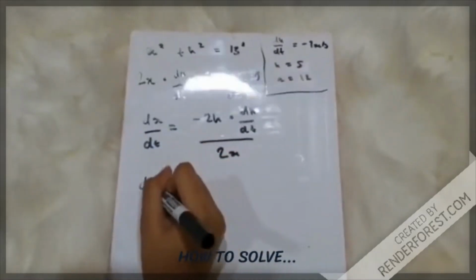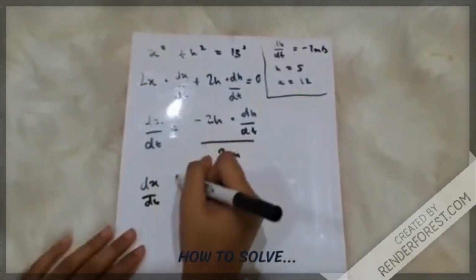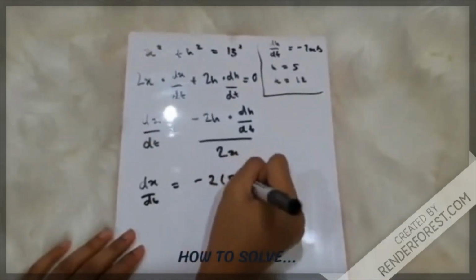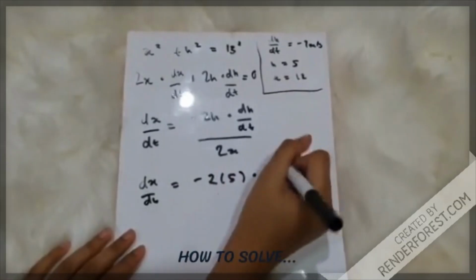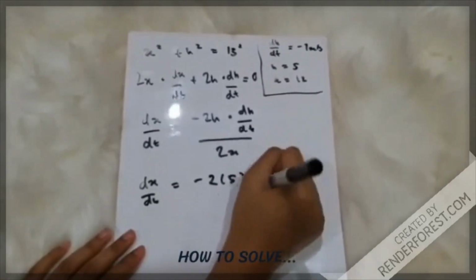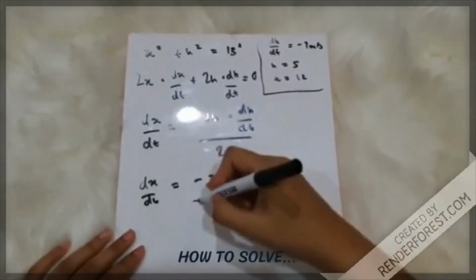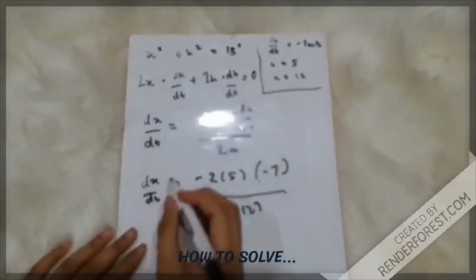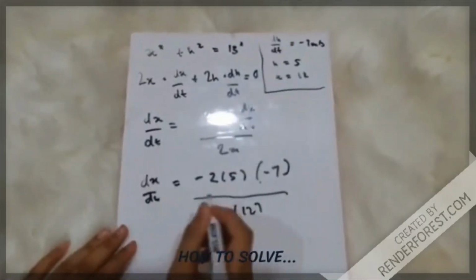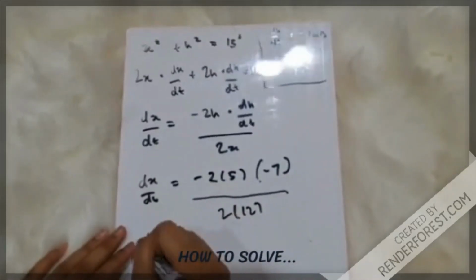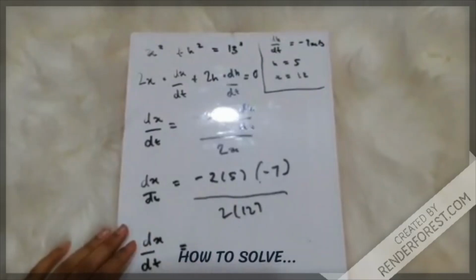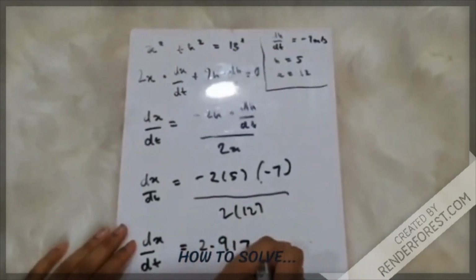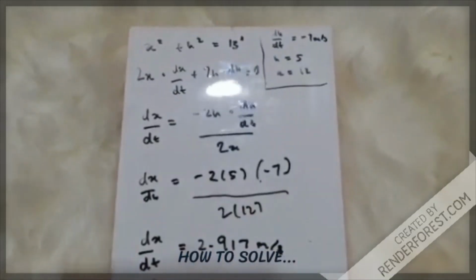So dx/dt equals negative 2 times h, which is 5, times dh/dt, which is negative 7, over 2x, where x is 12. From here, we can just use a calculator. So dx/dt we'll get 2.917 meters per second.